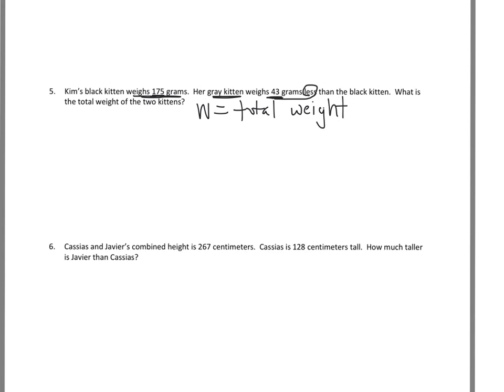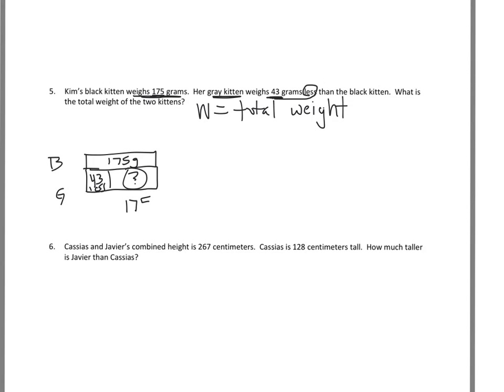So I'm going to show 2 tapes here, and this one is 175 grams, and this is the black kitten. And the gray one, I'll draw right underneath it, is 43 less. And then this is what I need to figure out, is the gray kitten. So I'm going to have to subtract that out, because 43 plus something gets me 175, or 175 minus 43 will get me my missing.